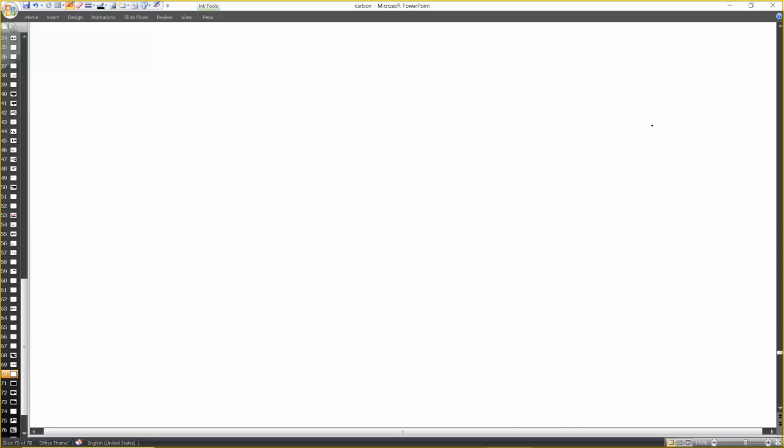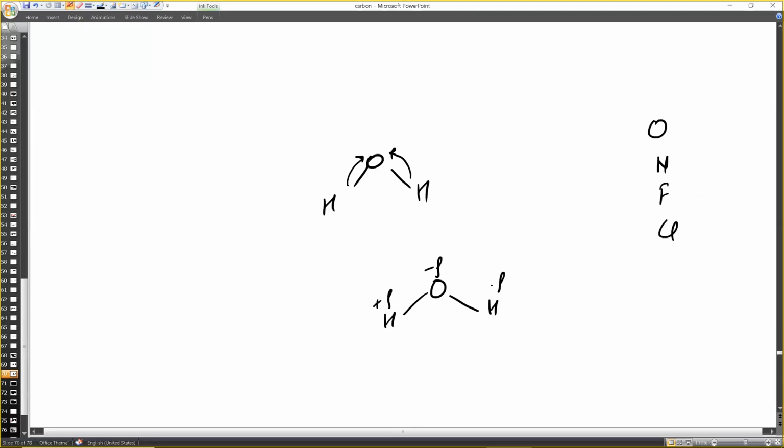For example, oxygen, nitrogen, fluorine, and chlorine, when they make a bond with any other element, like oxygen making a bond with hydrogen in water, attract the bonded pair of electrons closer to itself. And you know that electrons are negatively charged. So it will become slightly negative, and the hydrogen will become slightly positive because its electron is shifted towards oxygen.